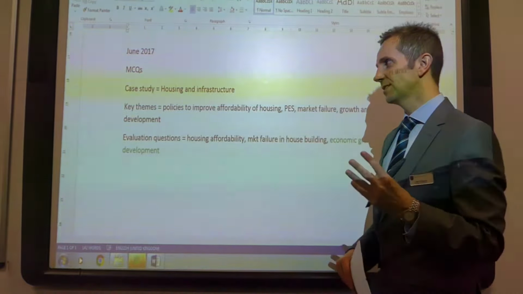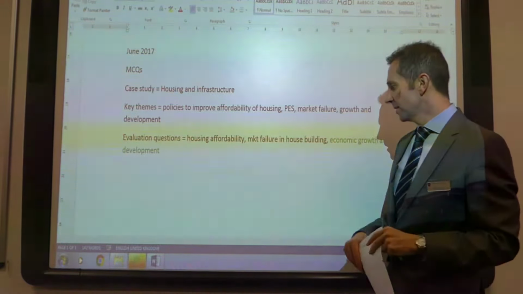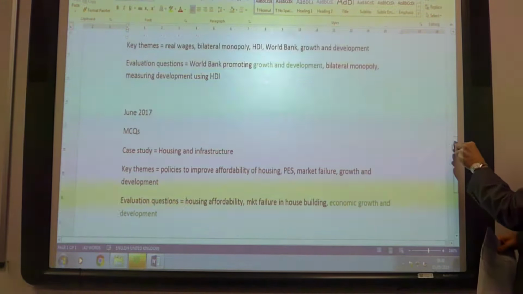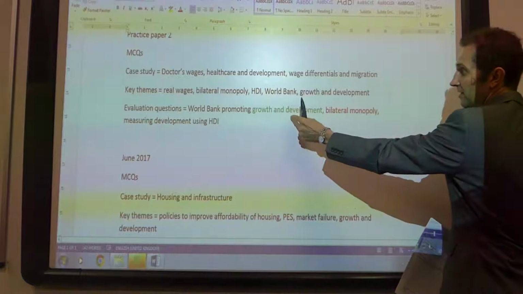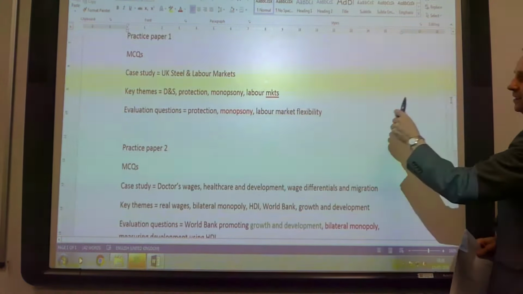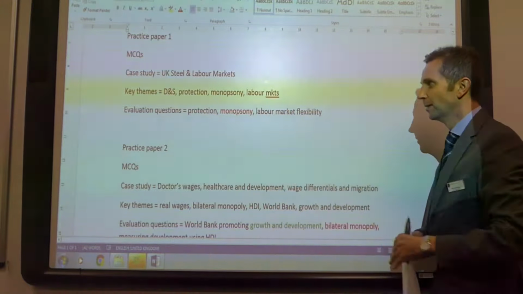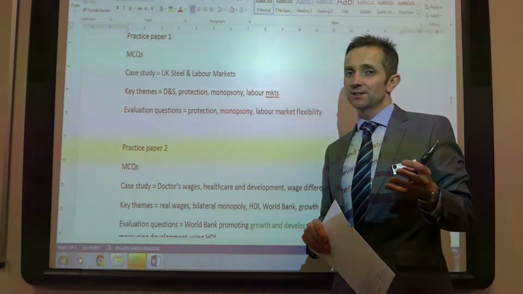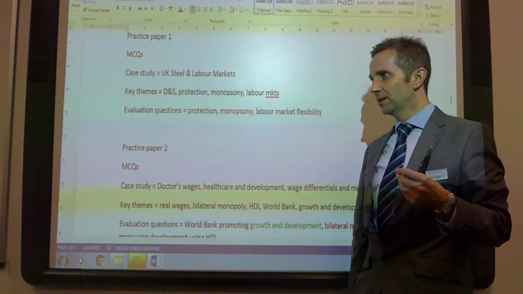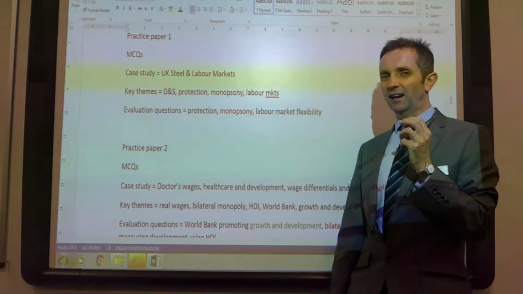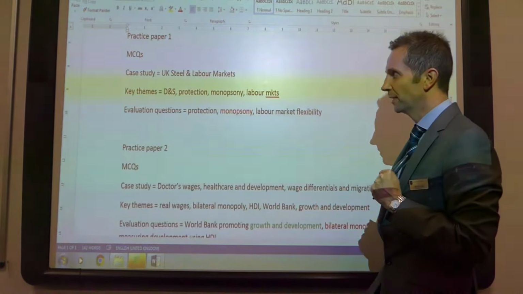So you can see these recurring themes which I've highlighted here. We've got growth and development appearing, and then the bilateral monopoly, the monopsony, similar topics appearing over and over. As I've mentioned before on the previous two videos for the A-level Year 2 papers, it's very difficult to actually predict what these questions will be.